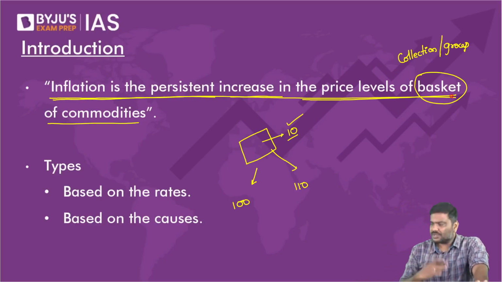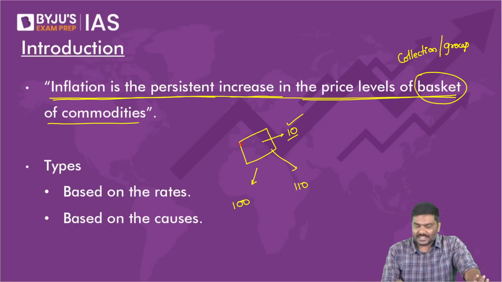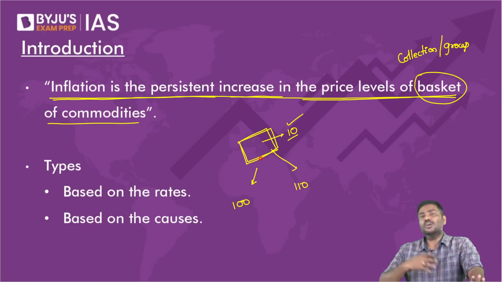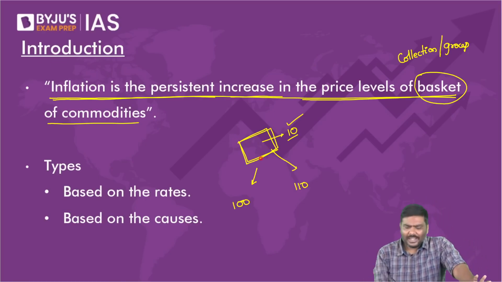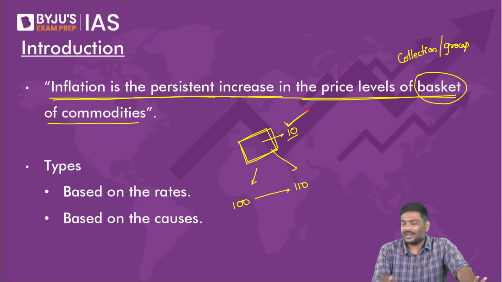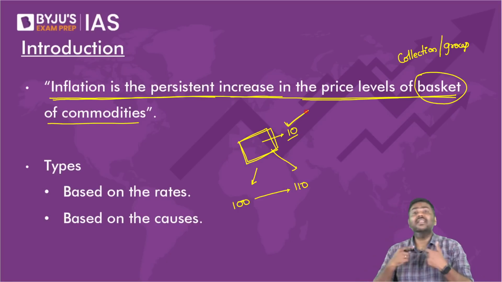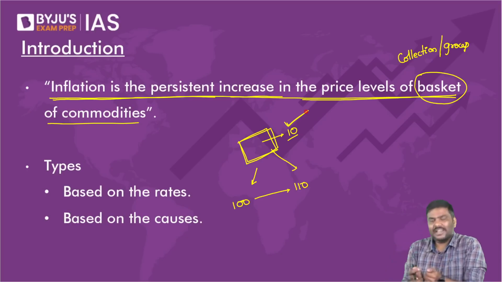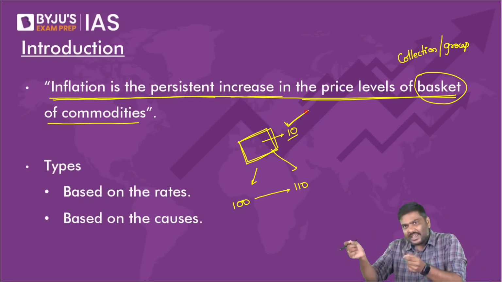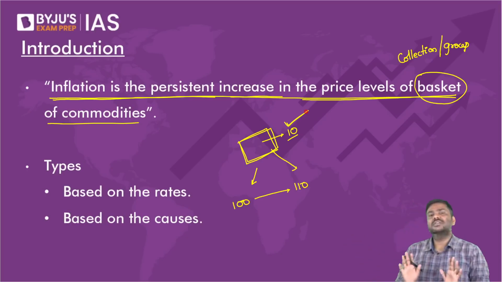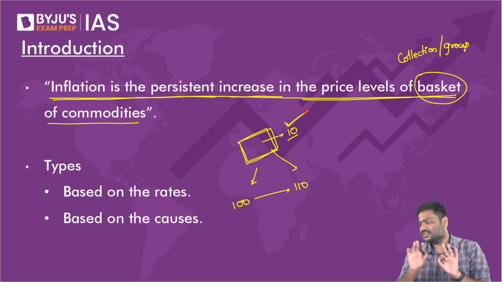For a basket of commodities, last year you paid 100, now you are paying 110. Is it not a rise in the prices of a group or collection of commodities? This is basically called inflation. Inflation is nothing but a price rise for a group of commodities.